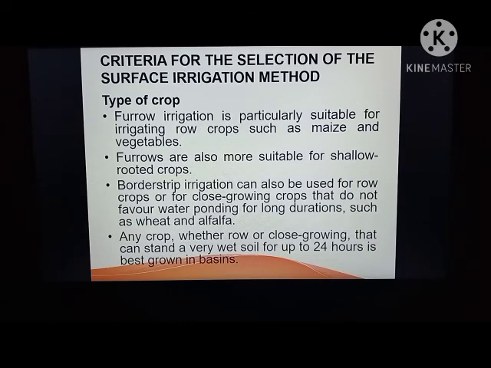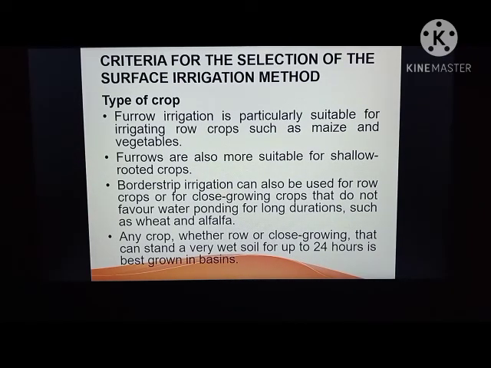Next is the type of crops. In furrow irrigation, we use this method for maize and vegetables, and it is suitable for irrigating row crops. Furrows are also suitable for shallow rooted crops.